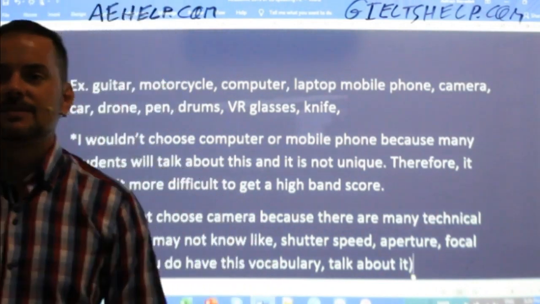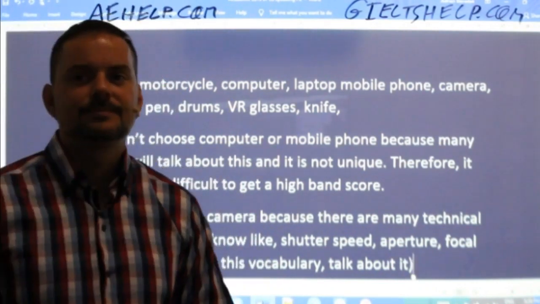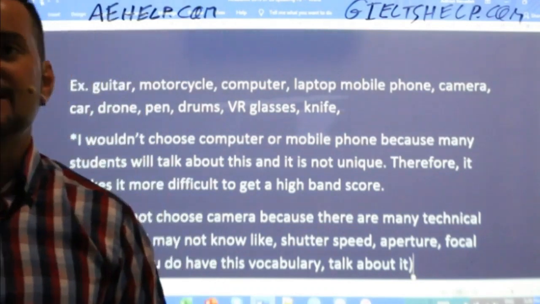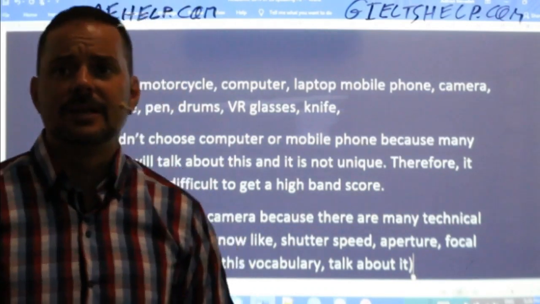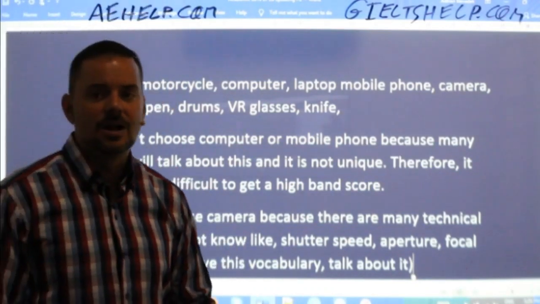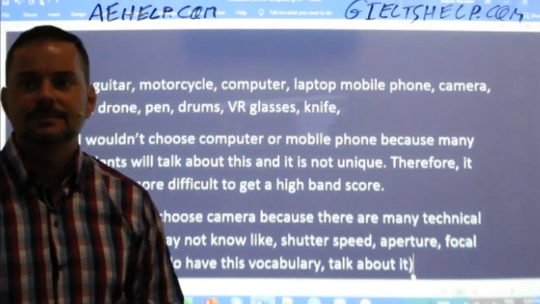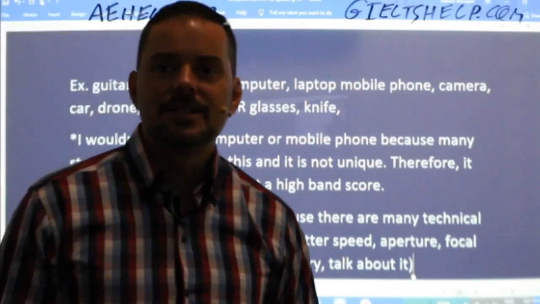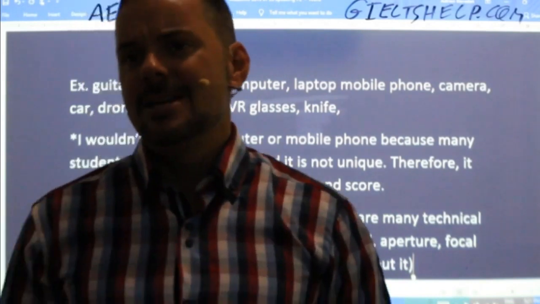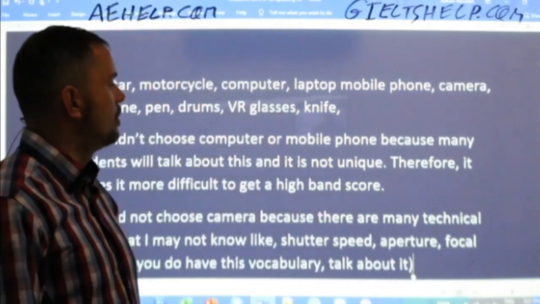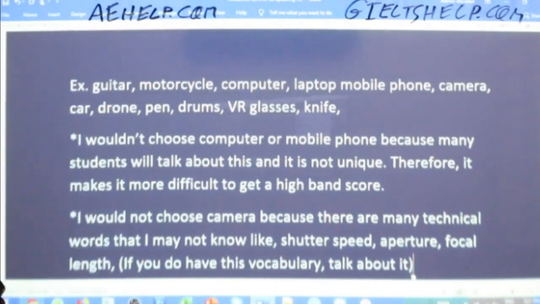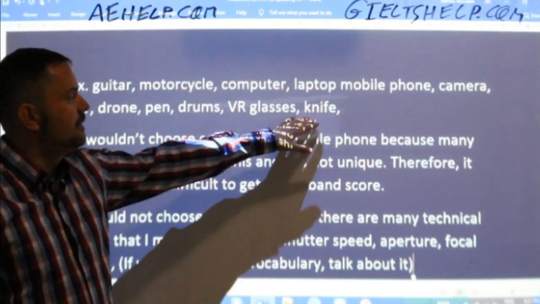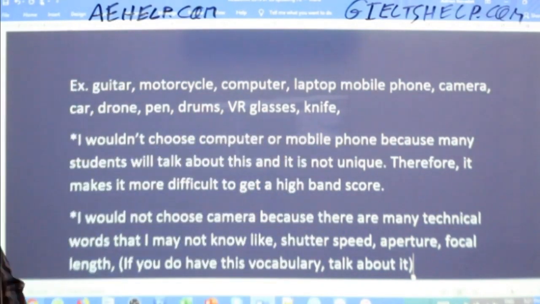So Kashif says maybe a motorcycle. Sevgi says pen's probably really easy to talk about. Okay. Sanjita says maybe a pen. Yeah, we did one before, a different part 2 speaking, where we talked about a knife. And so let's choose pen.